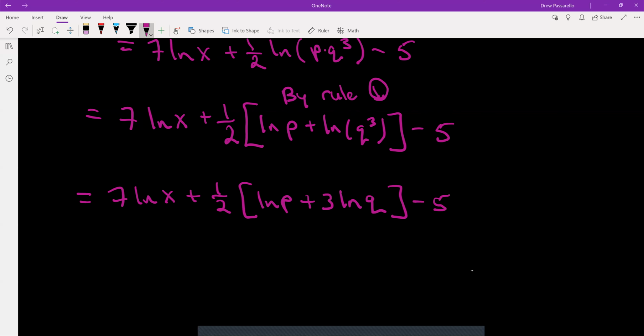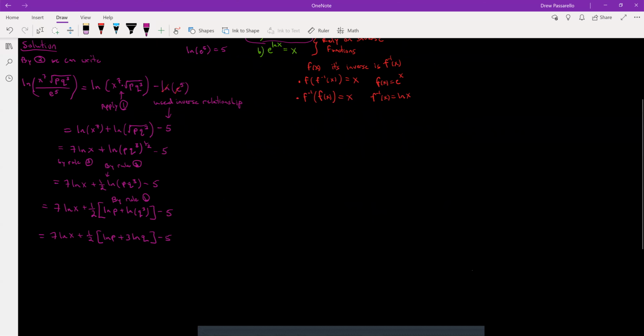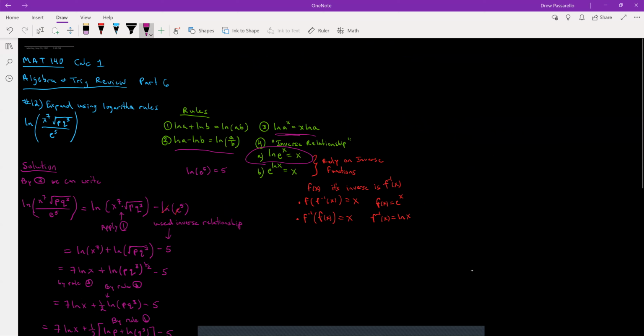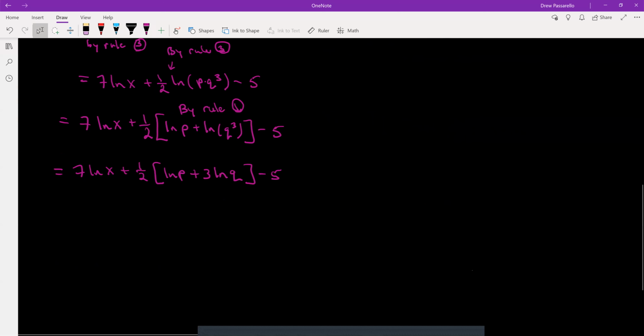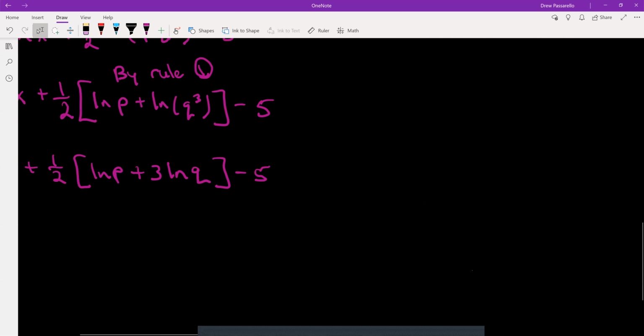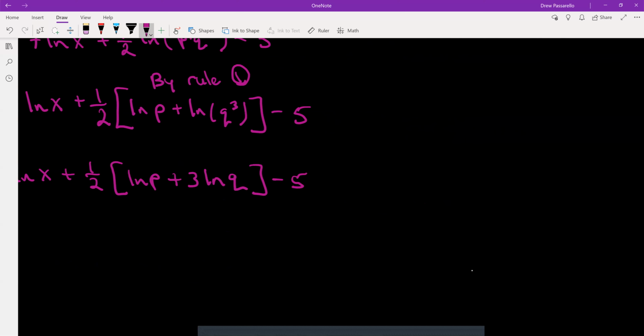And then minus 5. All right, so I believe that was rule 3 that I had listed. Yeah, so rule 3 dealt with the exponent. Okay, so I just brought the 3 in front. So this is by rule 3.